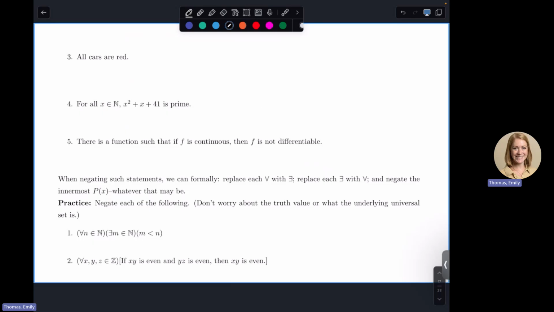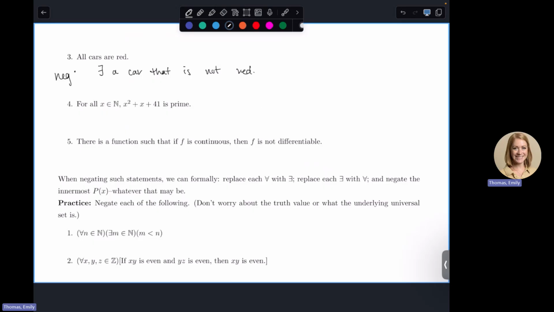I want to negate the statement that all cars are red. Good. For all x in n, that's the natural numbers, for all x in n, x squared plus x plus 41 is prime.